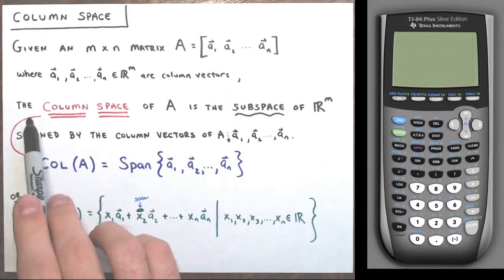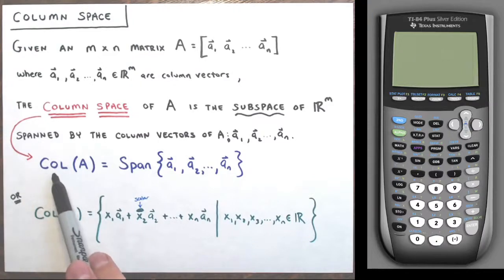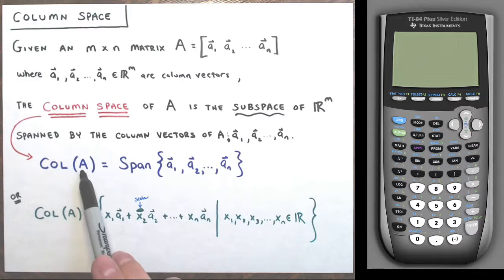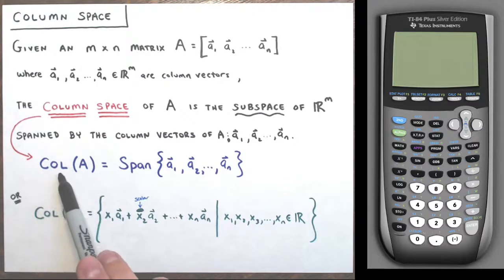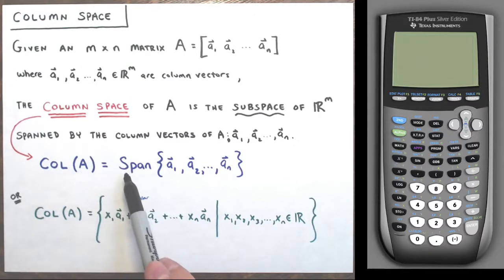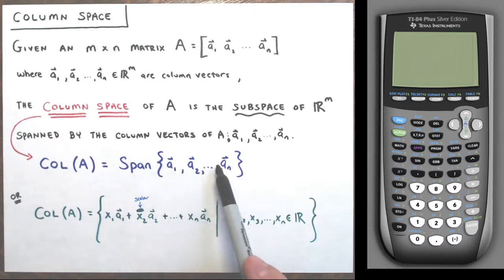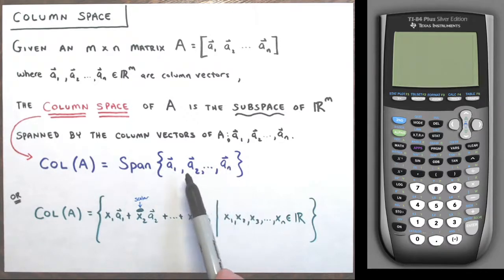Now the way this is denoted is Col(A), the column space of A, COL, and then in parentheses the name of the matrix. So the column space of A is the span of the column vectors of A, or the columns of A.